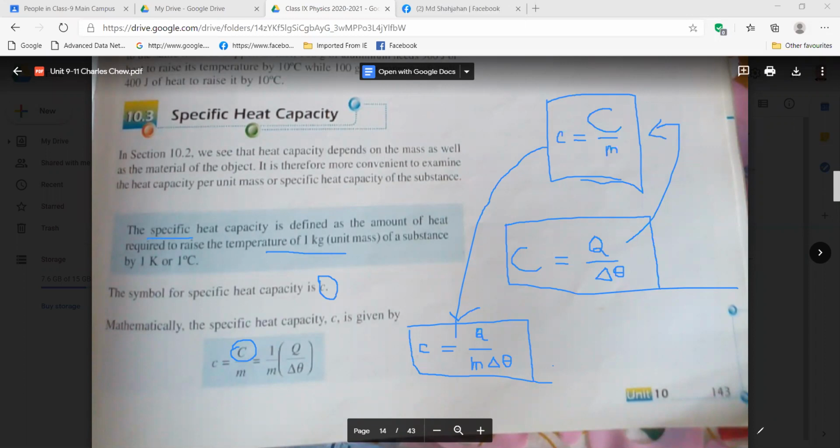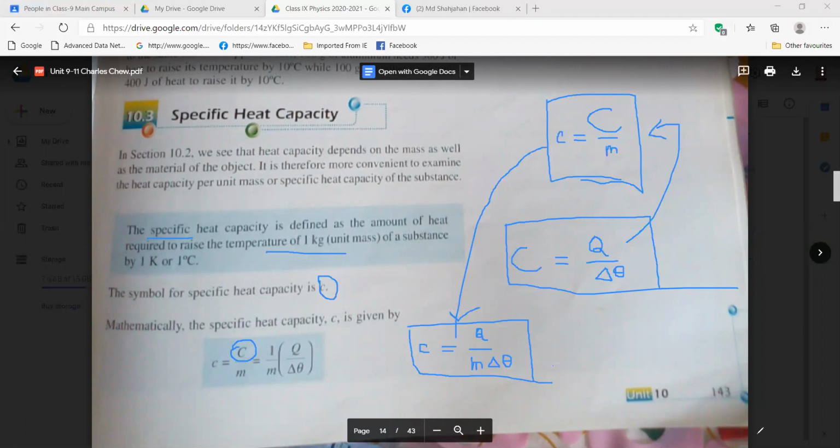Sir, the main difference I see is the mass. Heat capacity is capital C and specific heat capacity is small c. The difference in formula is Q divided by del theta, and specific heat capacity will be Q divided by mass del theta.